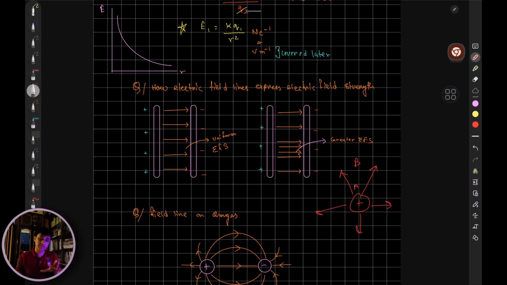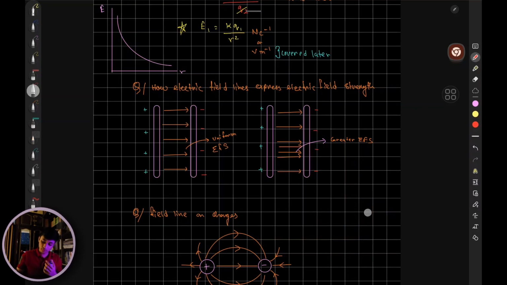If you had to answer it, how I would expect the answer is: since at position A the field lines are closer together, as you can see, therefore the field strength at that position is stronger. Conversely, at position B the field lines are further apart. That's why the electric field strength at position B is weaker.